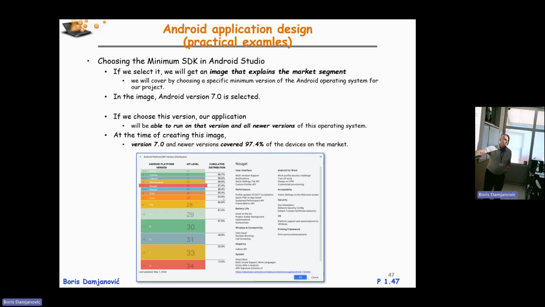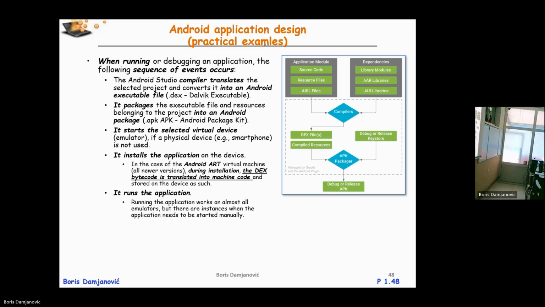Do you need it to be only a new version of Android? What is good and what is bad? When you select this version of Android, you will have more options and more libraries to write your application. Your application should be easier to write, but then again you will have a smaller part of the market. That is why we use the default Android 7 as the minimum version.